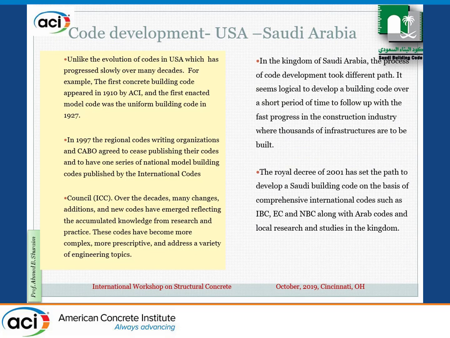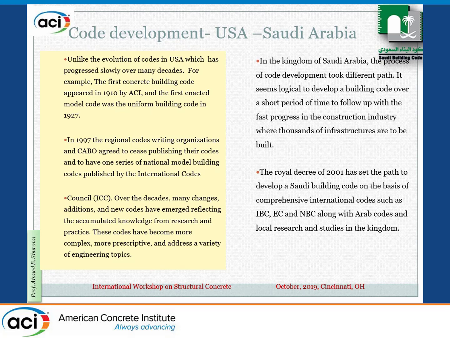The development, how it started in Saudi Arabia, is of course different from the United States. I'm sure you know that. I don't need to tell you that in the United States the code started progressively over so many decades. It started in 1910 for the ACI and 1927 for the UBC, Uniform Building Code.